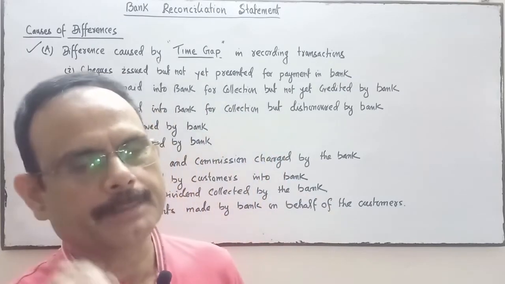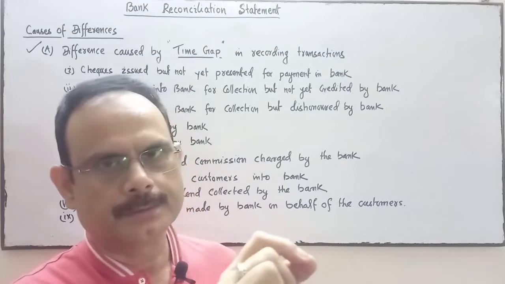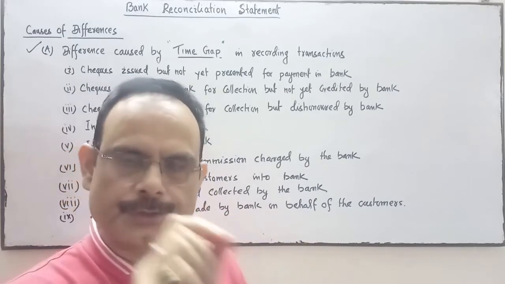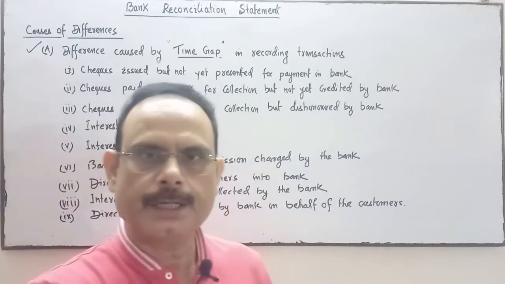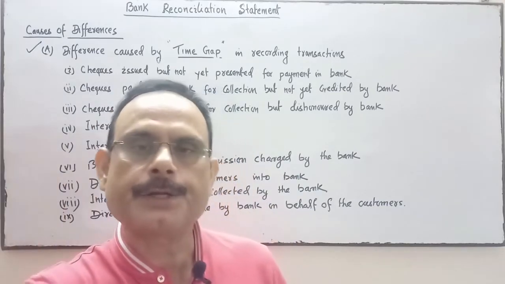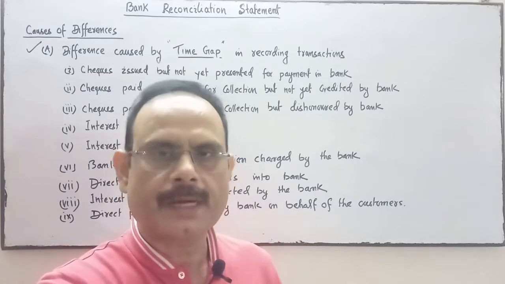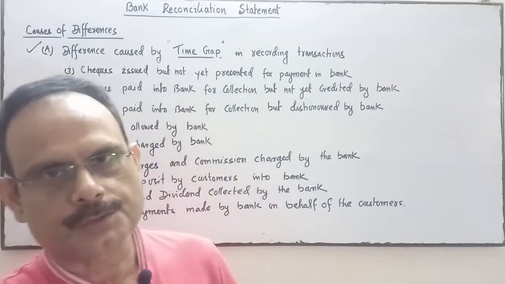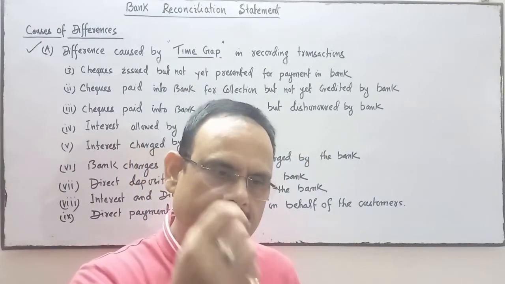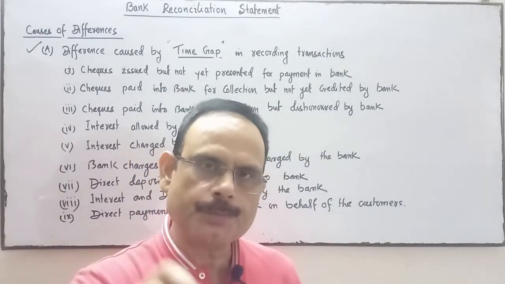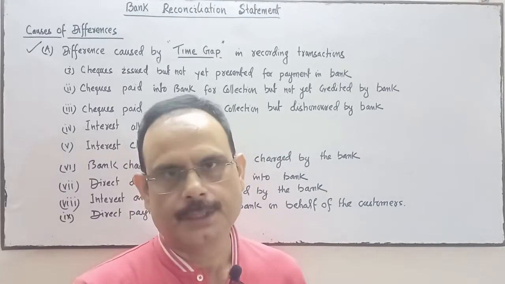This difference may be because a check is issued to the supplier, but that supplier or party has not presented that check to the bank. Okay, a check is issued by the business to the supplier or third party, but that third party or supplier has not presented that check for payment.